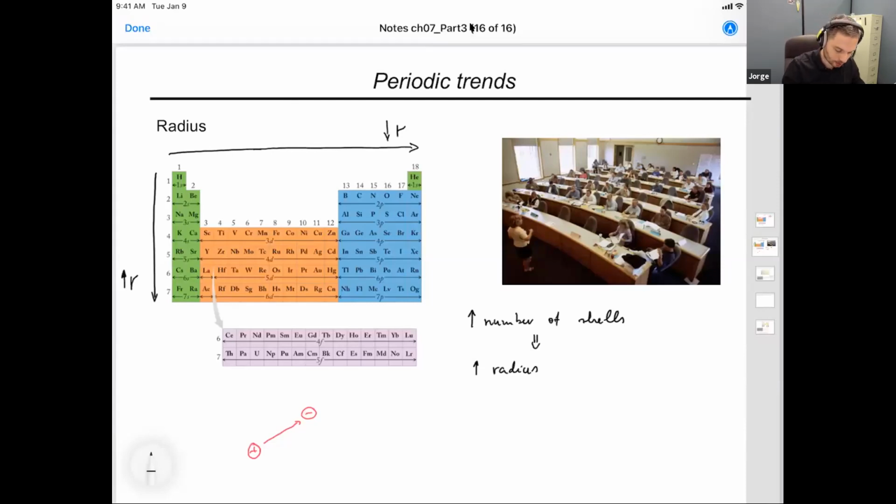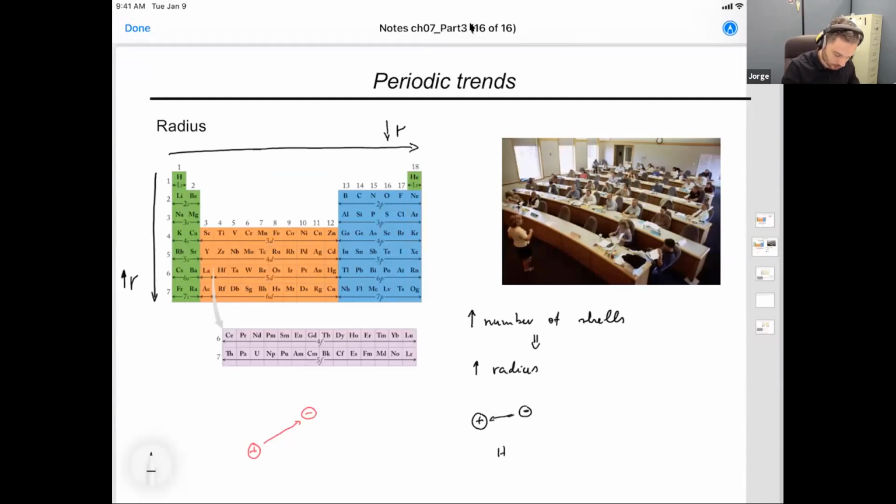Just imagine here hydrogen. We have one proton and one electron, and the interaction here will determine the radius.